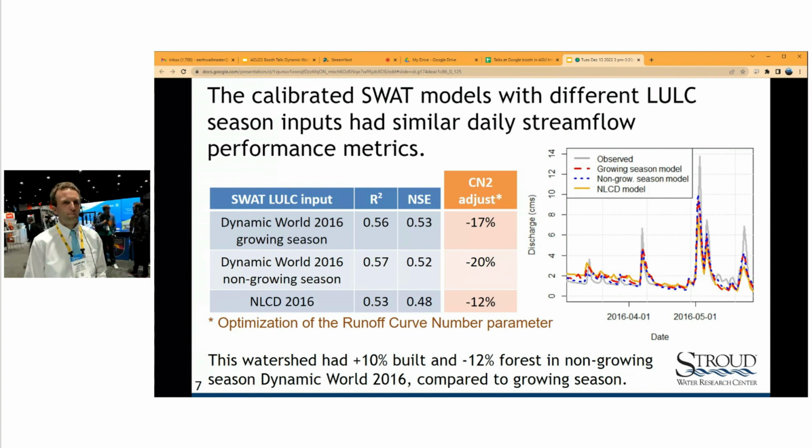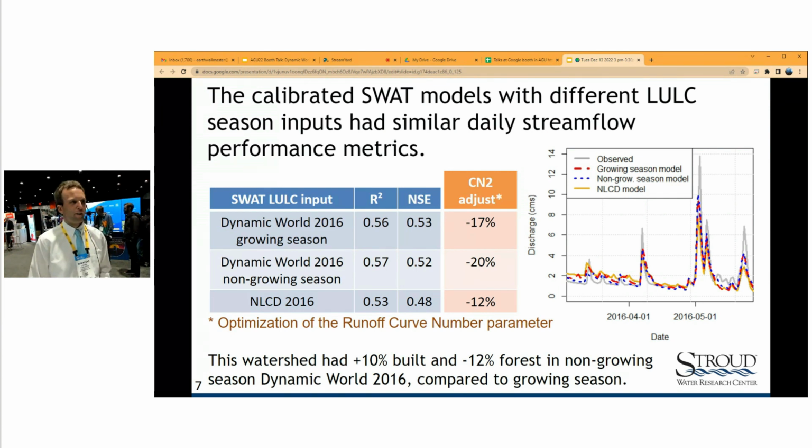We used some common model performance metrics, a couple of which we listed here, such as the Nash-Sutcliffe efficiency, that were pretty comparable whether a model was calibrated with growing or non-growing season data. And this chart on the right shows how the calibrated models with different seasons of land cover data pretty similarly simulated some spring floods back in 2016.